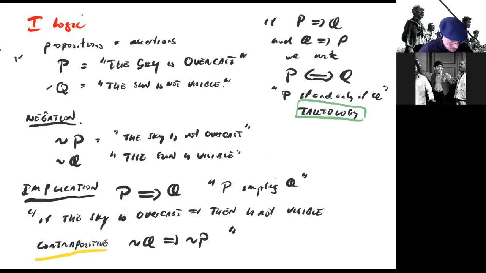We would read that as the statement, if the sun is visible, then the sky is not overcast.